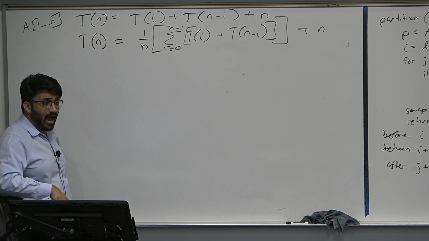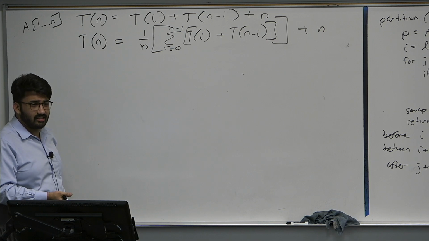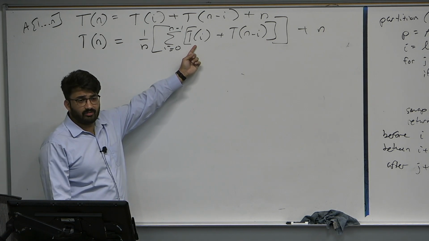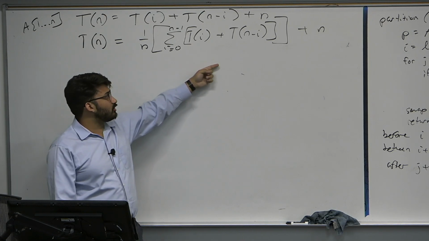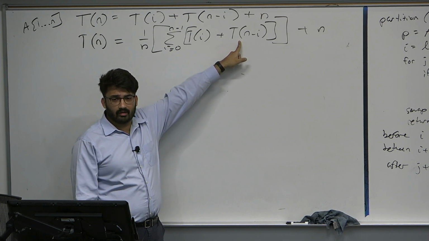When you add them up, they're really the same thing in a different order. 1 plus 2 plus 3 plus 4 is in increasing order, and this is going to be 4 plus 3 plus 2 plus 1 in the opposite order, right?